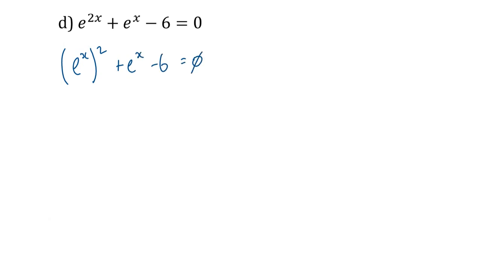Because the way that it works is anything squared plus the same anything, that's that trinomial form. This is like a squared plus a minus 6 equals 0, where a equals e to the x, right?